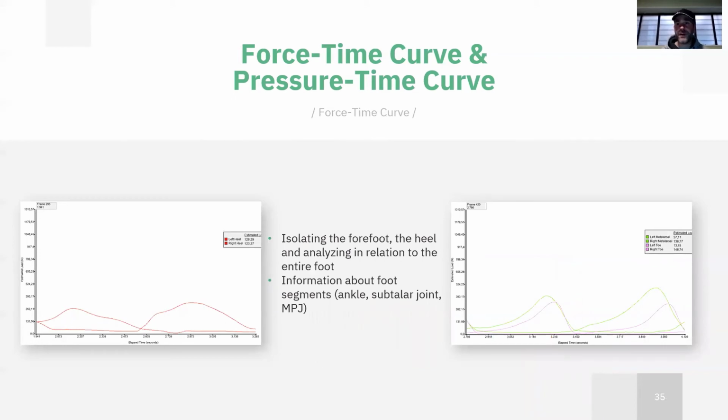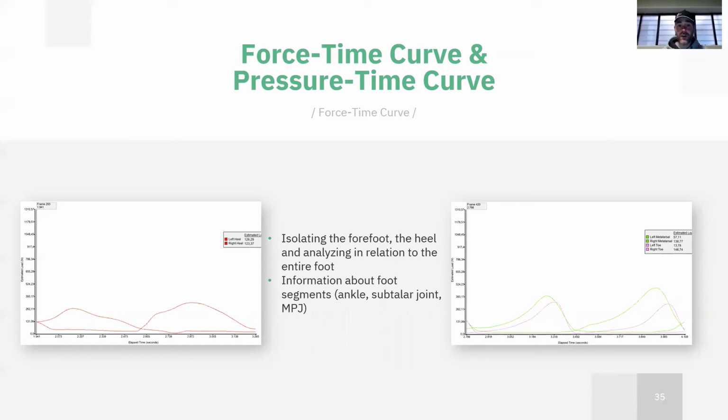This is another example of how you can use the Pro Foot and Gait software to isolate different parts of the foot. This is still a force-time curve. You can see on the left image the left and right heel, and on the right image the left and right metatarsal and the left and right toe.